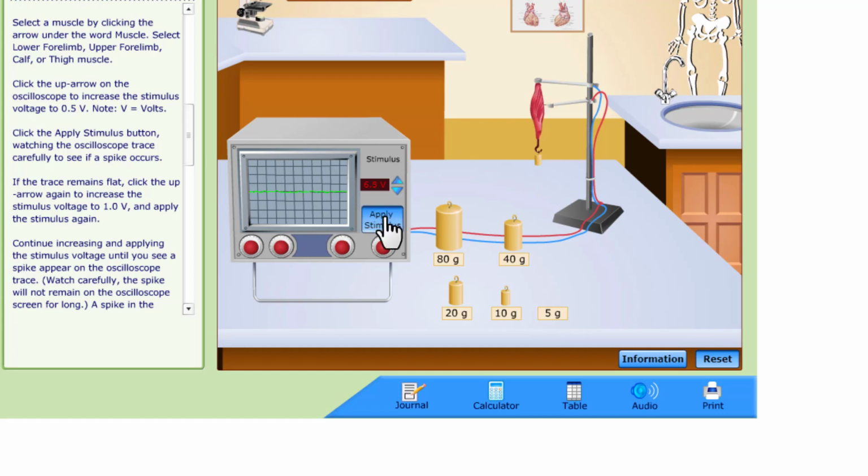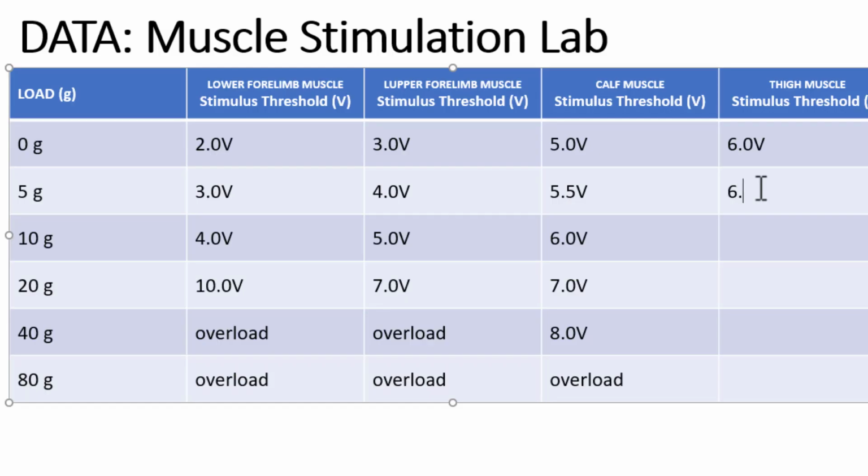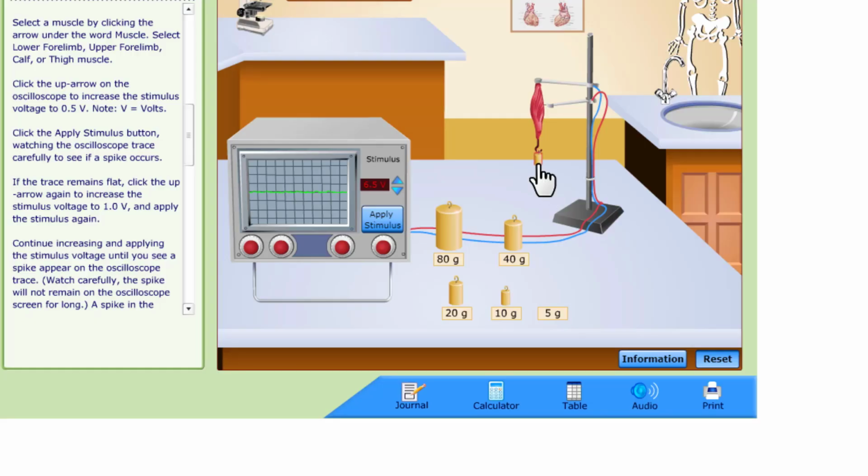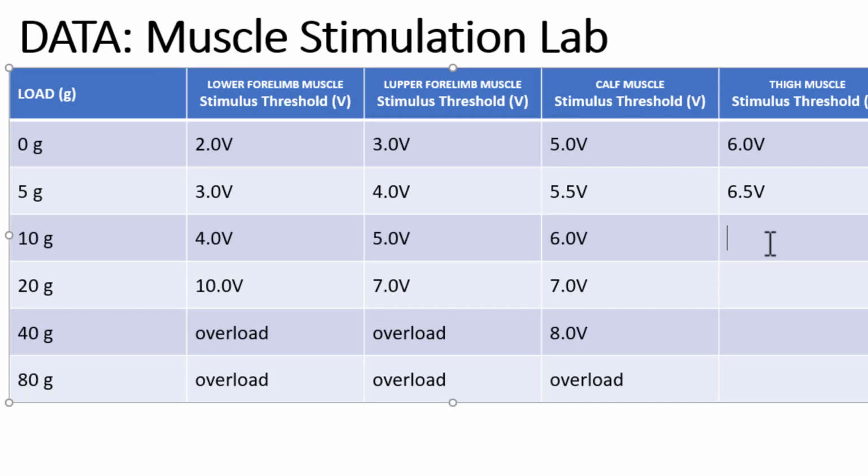We find that the minimum stimulus that needs to be applied to elicit a muscle twitch in this thigh muscle is 6.5 volts. Let's remove our 5-gram weight and place the 10-gram weight. Let's continue applying increasing voltage until we see a response. We see a response at 7 volts.